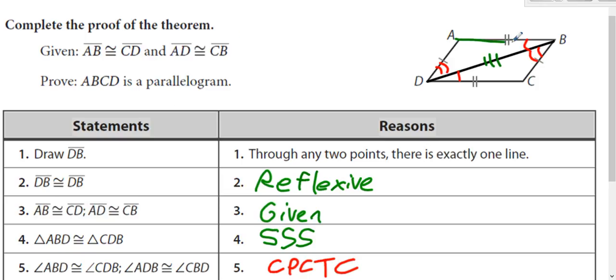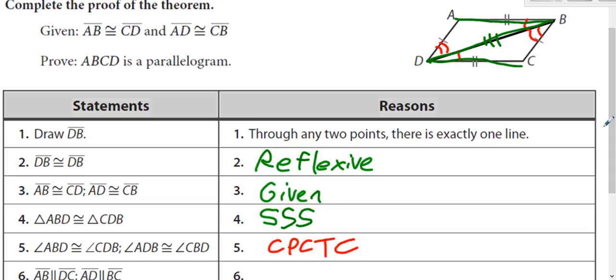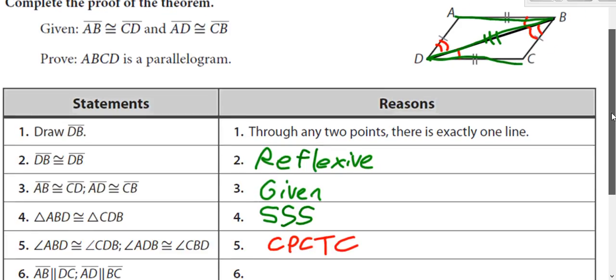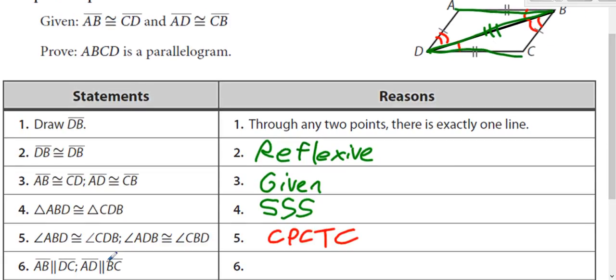So since ABD and BDC form this Z shape, that's how we can easily identify alternate interior angles. They are congruent, so that means the top and the bottom of our Z, AB and DC, are parallel. You can do the exact same idea, except talking about these two angles, which would be the top and the bottom of the Z shape.